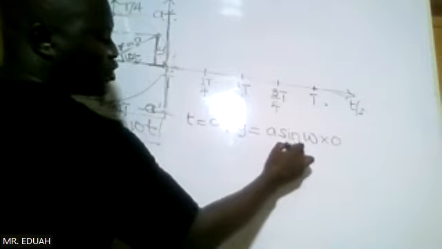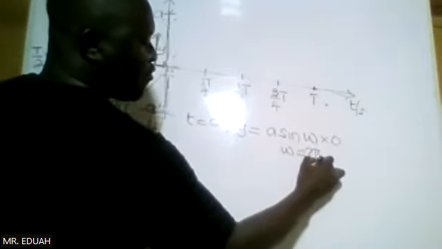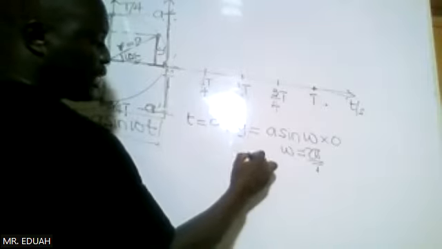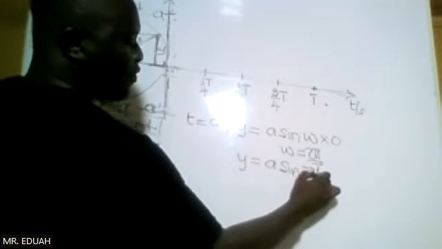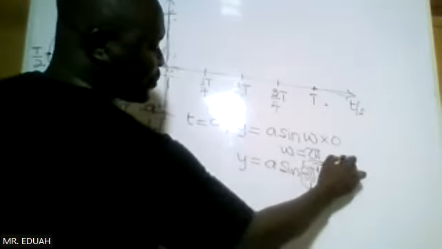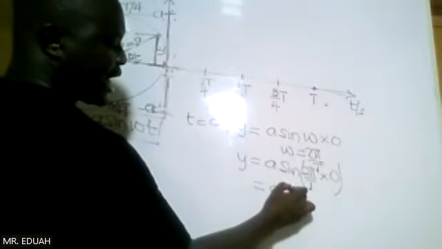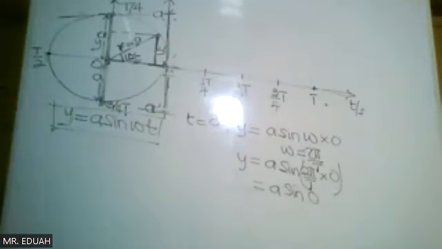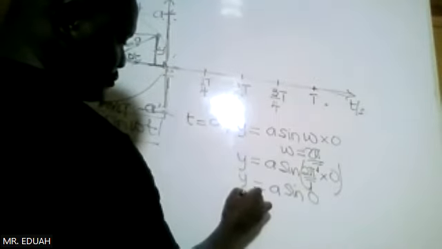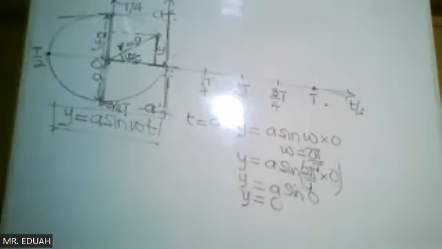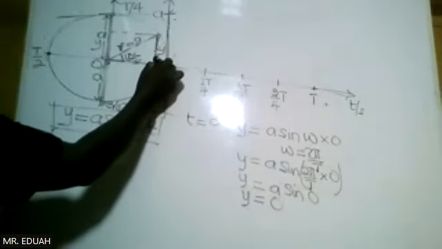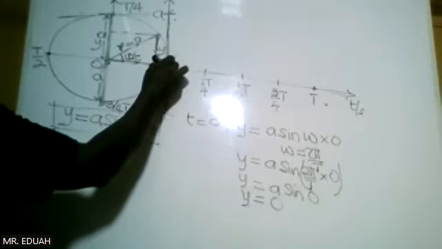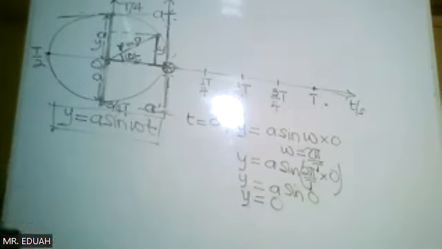However, we know omega is equal to 2 pi over T. So when you substitute omega, we have y equal to A sine 2 pi over T times 0, and this part gives us 0. So we have A sine of 0. And what is sine 0? 0. It means that at t equal to 0, the displacement is equal to 0. So come and plot it on the graph here. This is y equal to 0. It starts from the origin.